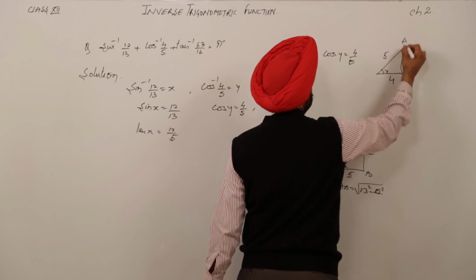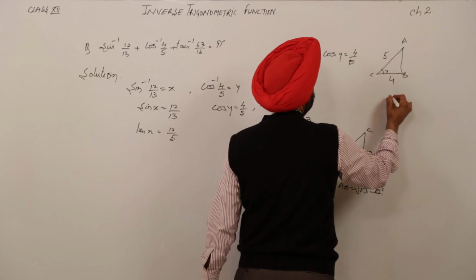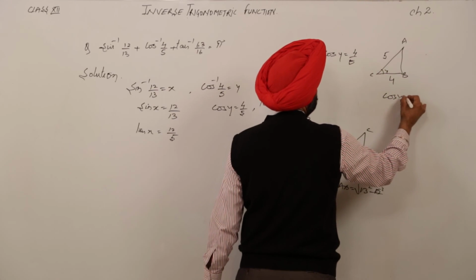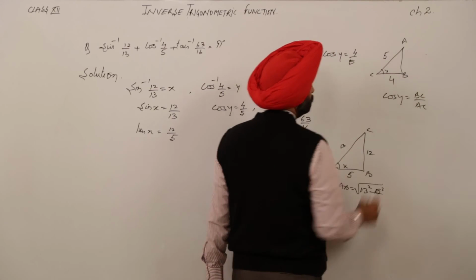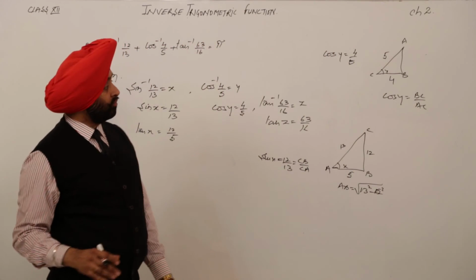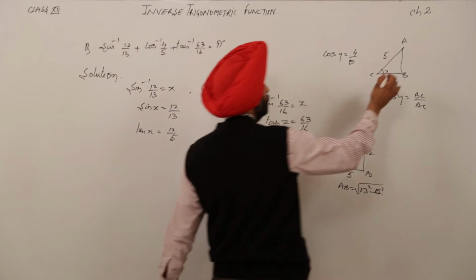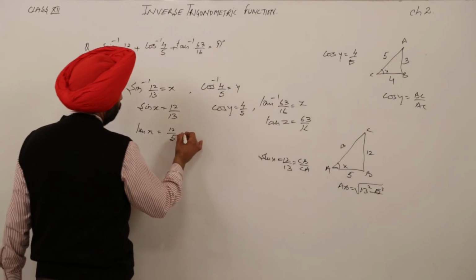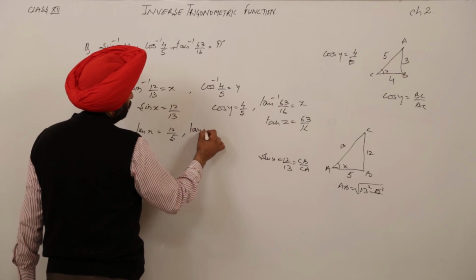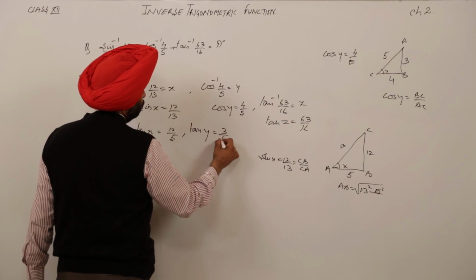Let it be A, B and C. So cos y is equal to BC upon AC. By again using the Pythagoras theorem we get AB as 3, a very simple calculation. Now what is tan y? Tan y is equal to 3 by 4.